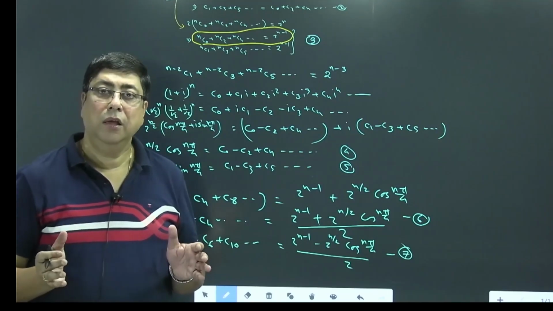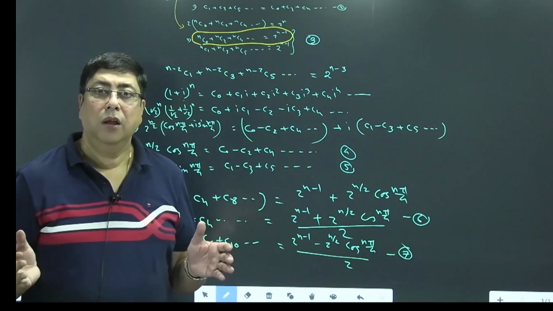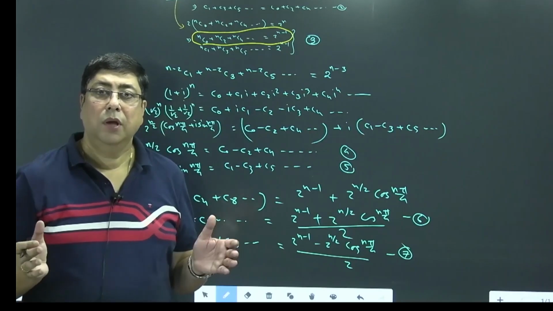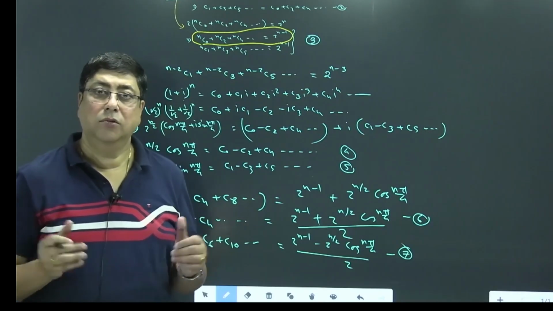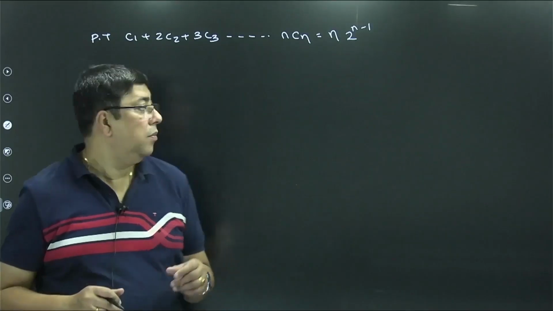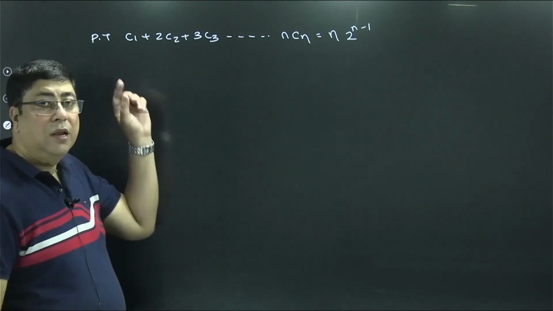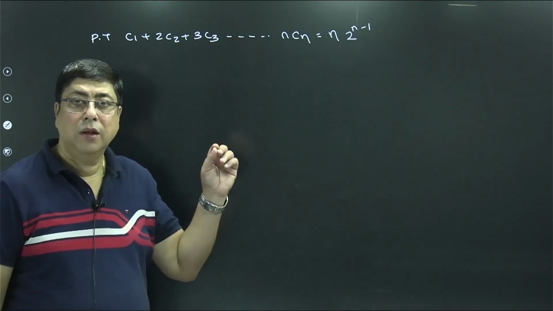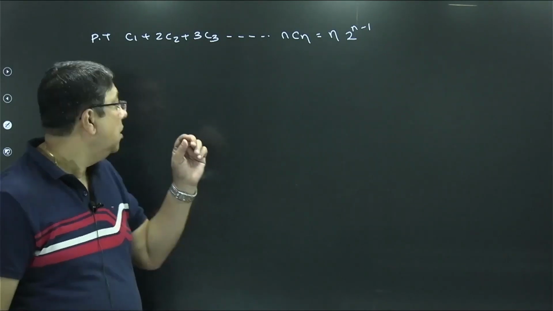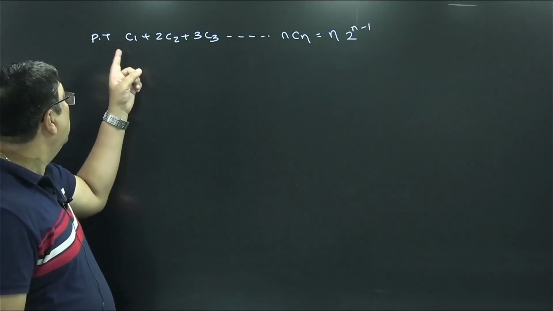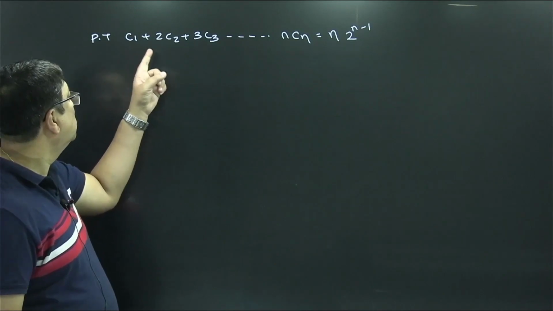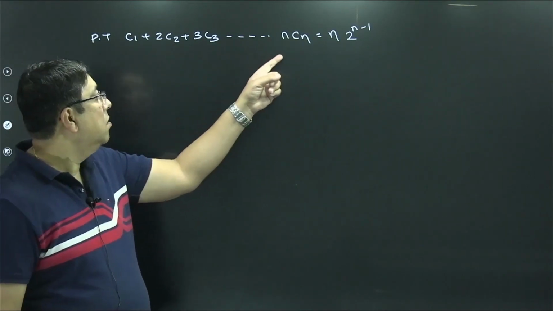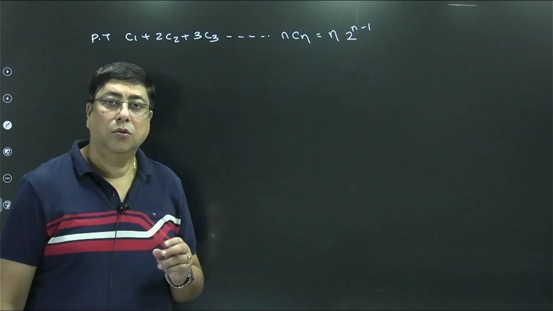Now I am starting application of this with some series and some IIT questions. In this sum, C1 means nC1, C3 means nC3. In this case you have to prove C1 plus 2C2 plus 3C3 continuation equal to n into 2 to the power n minus 1.